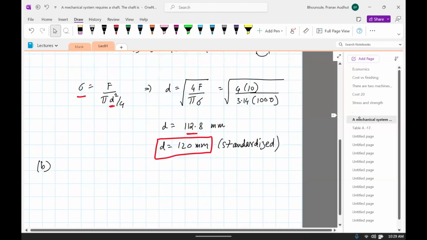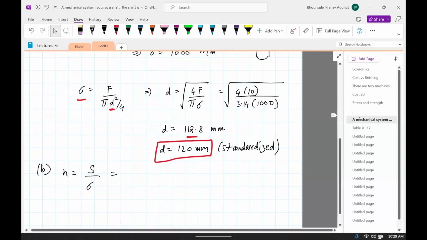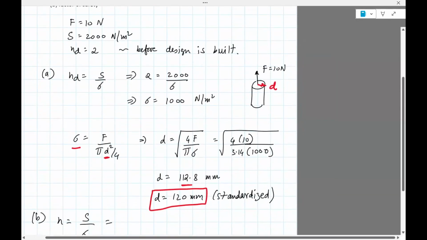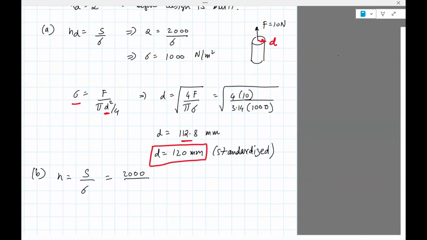Now that we have d, let's compute the factor of safety. It's S divided by sigma. S is I think 2000, pi d square. So that's 0.12 converted to meters square divided by 4. And if you crunch in the numbers, you get 2.26.